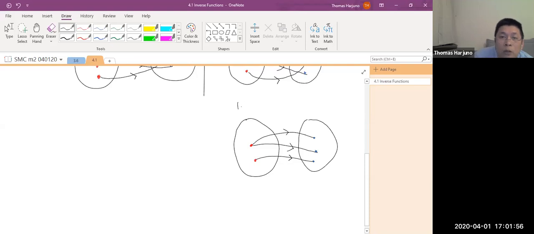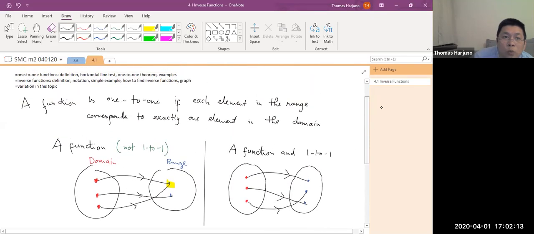This is one-to-one, but not a function. Okay, so that's what one-to-one is about. And of course, the topic that we talk about here is a one-to-one function.